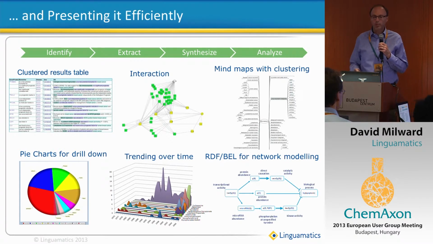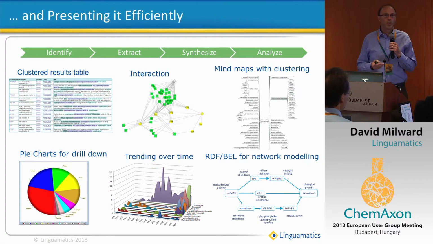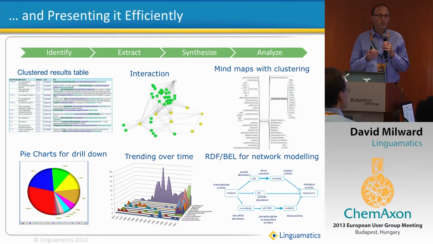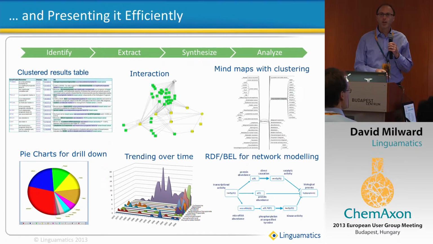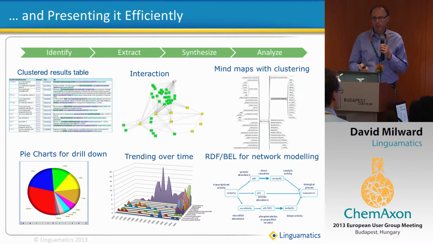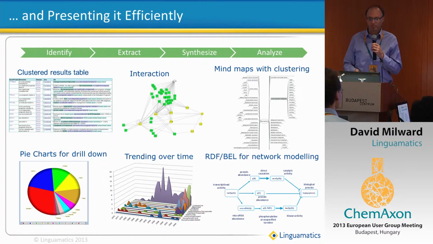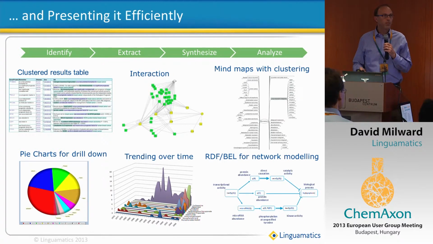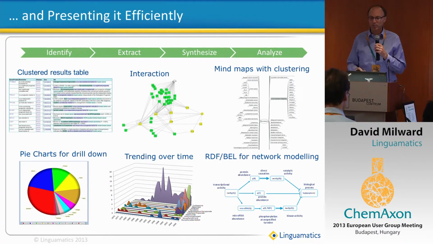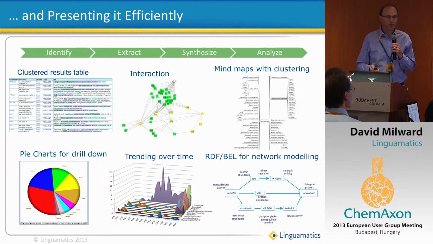There are various ways you can represent the results, whether in interaction networks where you may be pulling out indirect relationships, going from a particular compound to a particular gene to a particular disease and finding unknown relationships between them. It could be mind maps, pie charts or trend diagrams. It can be RDF or BEL if you're going to fully structured representations for further inference.